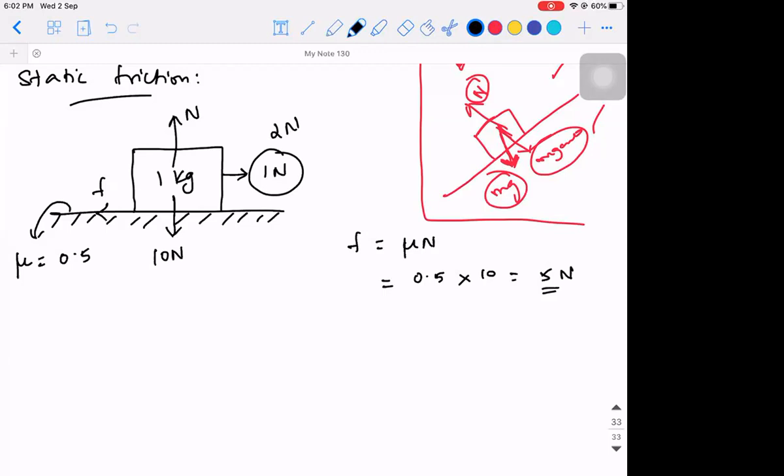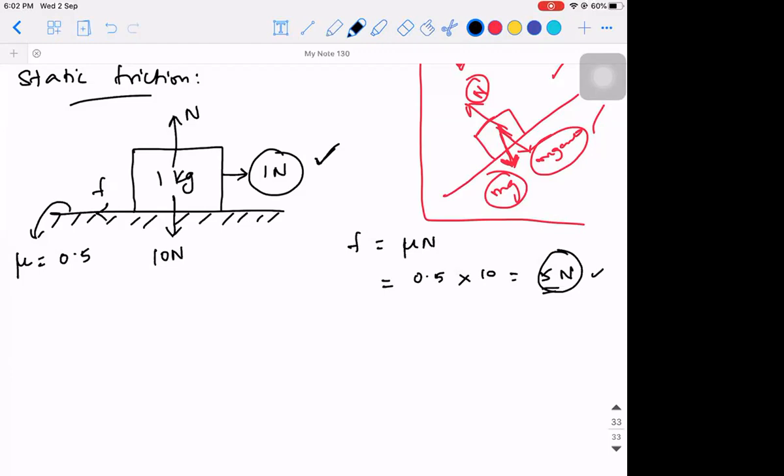That's what is going to happen, because I know how much is the frictional force offered by that particular surface. I have information about it. Now the question is, when I apply 1 Newton force, what is the value of the frictional force that is going to come to stop me from moving the object? The surface can offer 5 Newton.